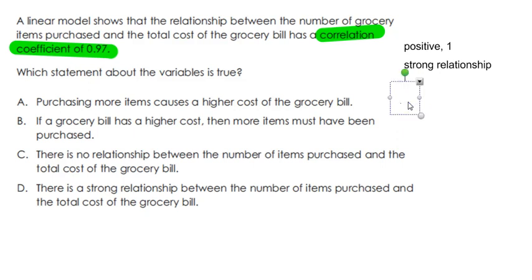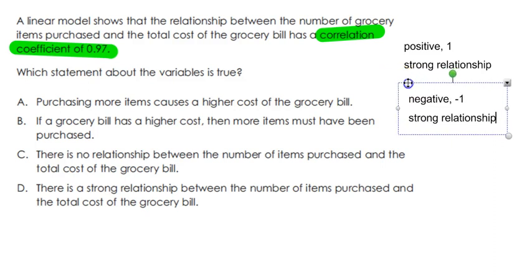If you have like a close to -1, it's also a strong relationship, but usually it's an inverse where one thing is going up and the other thing is going down. But the closer you are to 1 or the closer you are to -1, it's a very strong relationship. And the further away your number is, so like 0.7 or 0.5 or even 0, I guess that's not a strong relationship. Or if it's 0, there may not be any relationship at all.